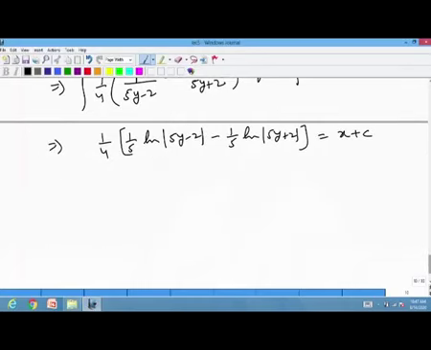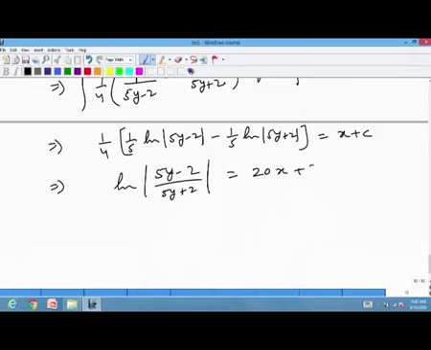So, if we multiply by 20, this gives natural log of mod 5 y minus 2 by 5 y plus 2 is equal to 20 x plus 20 c.